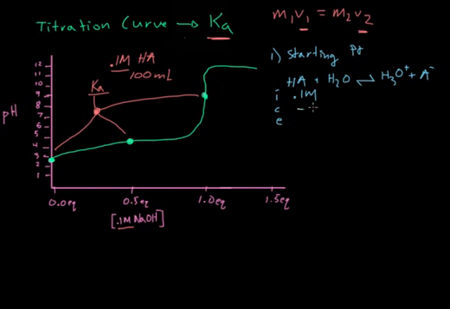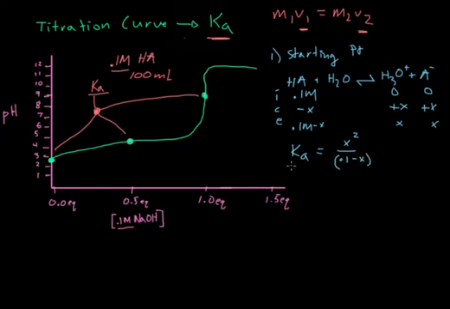It's going to change by some amount, call that X. Nothing initially dissociates until it starts changing, right? This X is directly proportional to this X. And so at equilibrium, we have these values, and we can write a Ka expression. Products over reactants, X squared over 0.1 minus X.